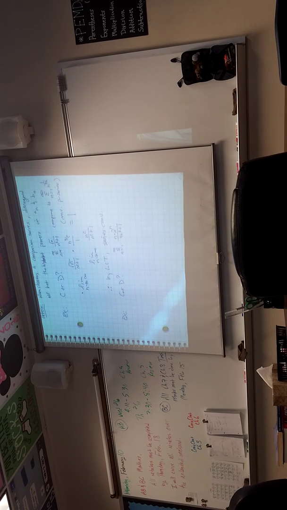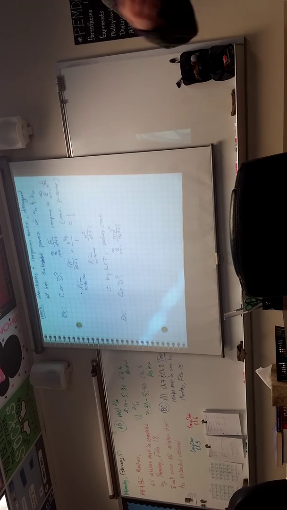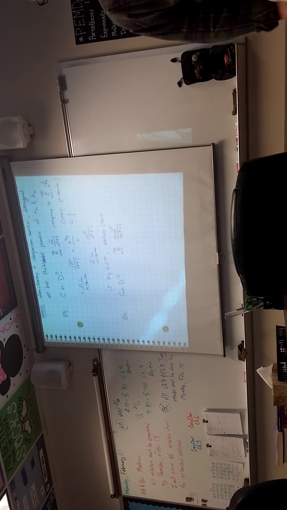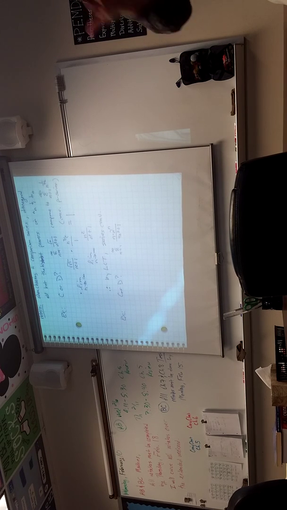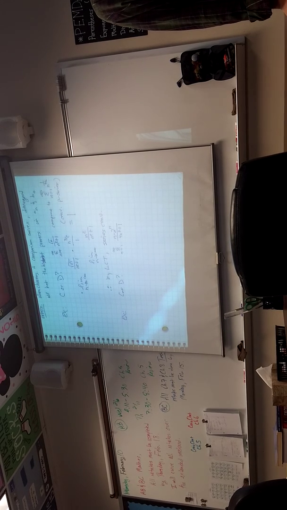So, let me ask you this. Why does the nth term test prove divergence? The nth term test says that if the limit, as n goes to infinity, of the nth term does not go to 0, then the series diverges. Why does that work?